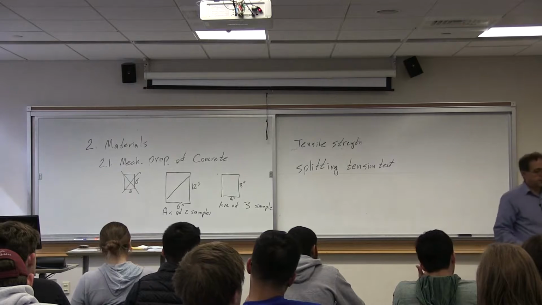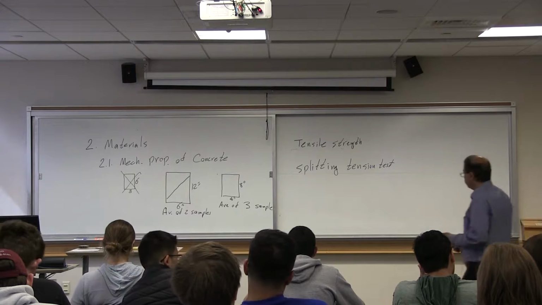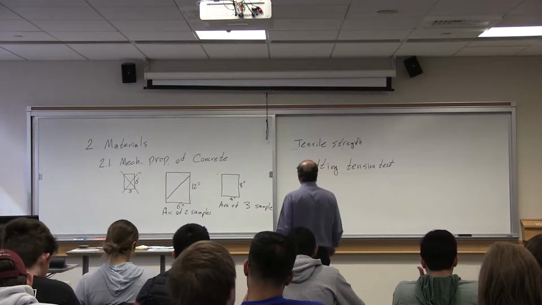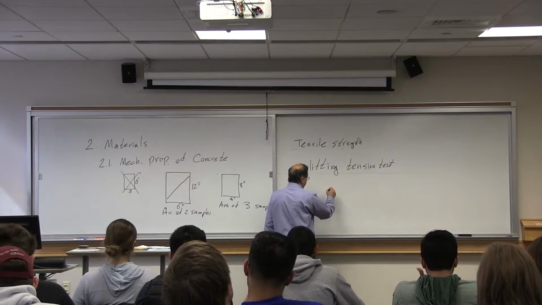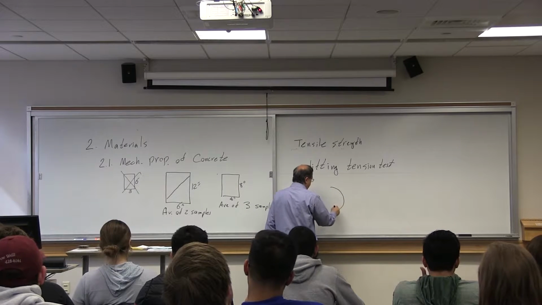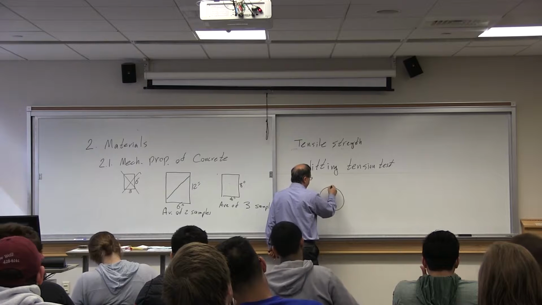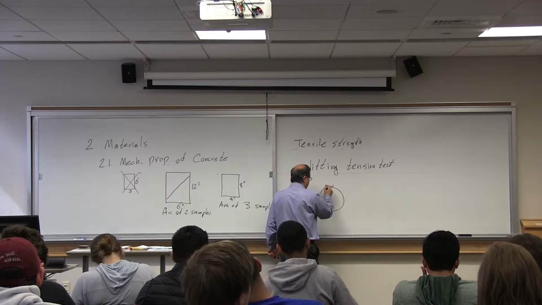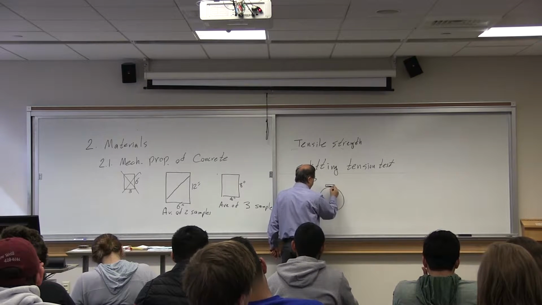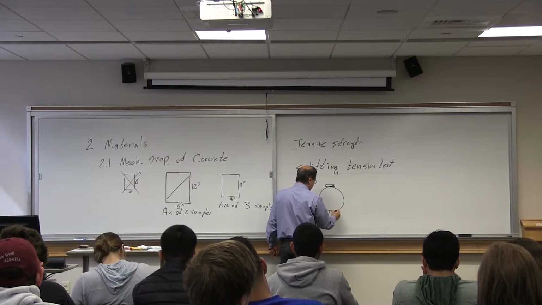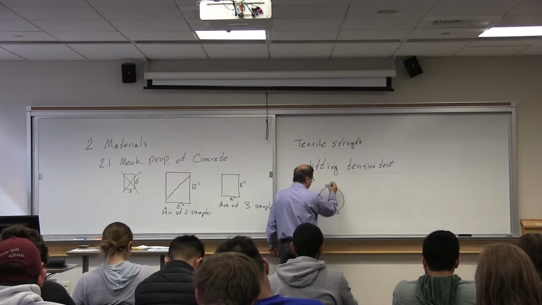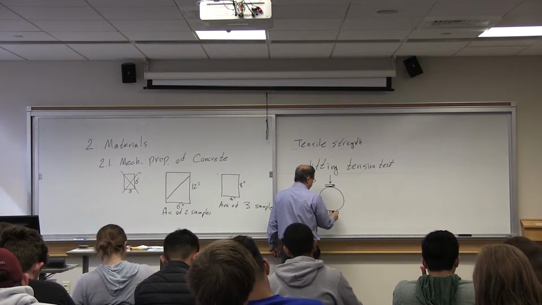A splitting tension test is you put your cylinder sideways, and then there are some requirements: you put a piece of wood here, or something similar here, and then you apply compression.